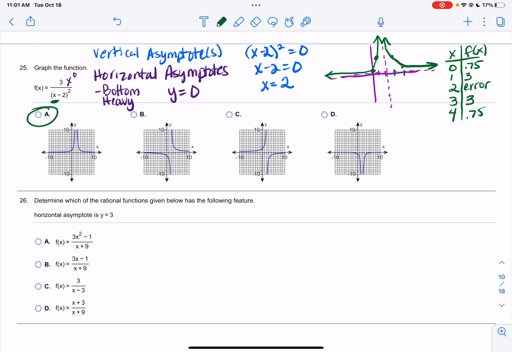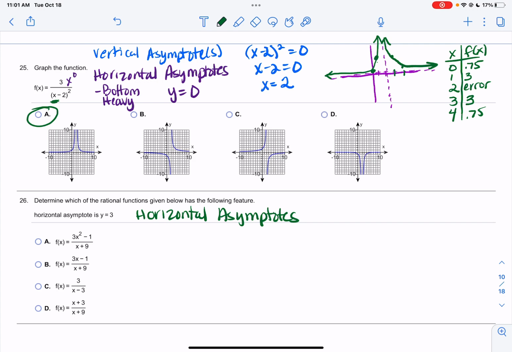For number 26, we want to determine which of the rational functions given below has a horizontal asymptote at y equals 3. The horizontal asymptotes depend on the degree of the numerator and the degree of the denominator.